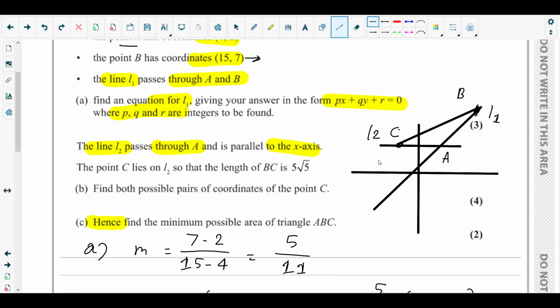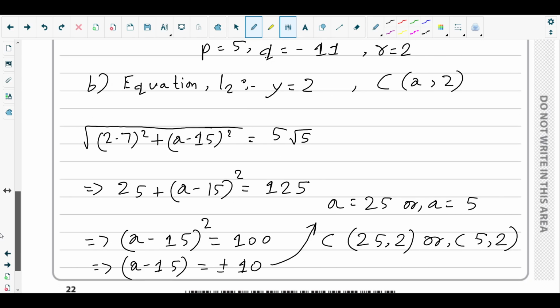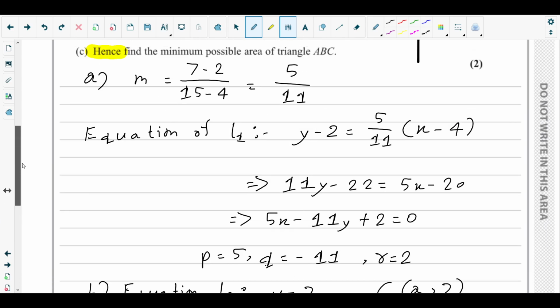Okay, so another possible position we got there, it's just a sketch. So (25, 2) and (5, 2) both are positive.